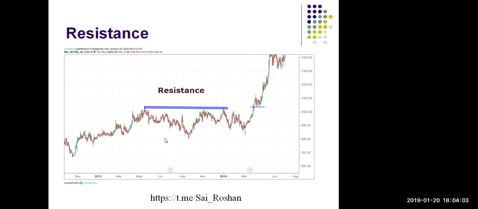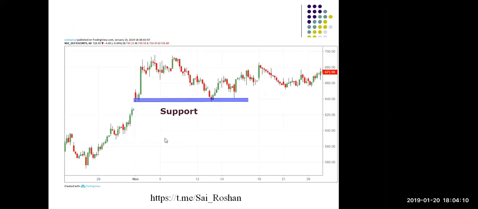Similarly, in a downtrend, you have a support. You will find it's a downward market. Let us say you will find a hammer over there, or you will find a doji over there. These all signify reversal in a bearish market, that bulls will take over.